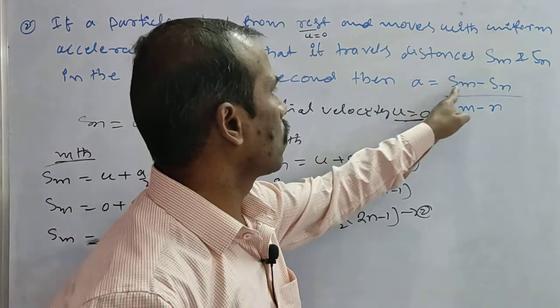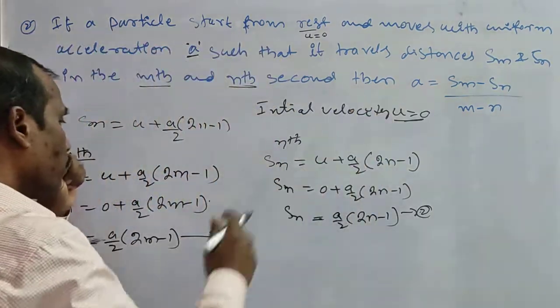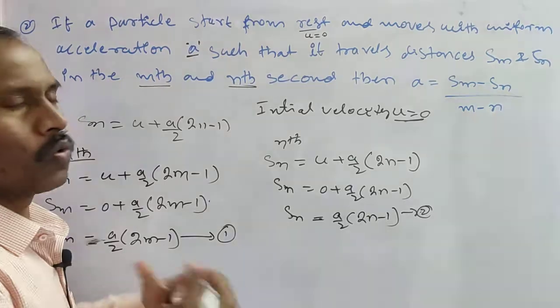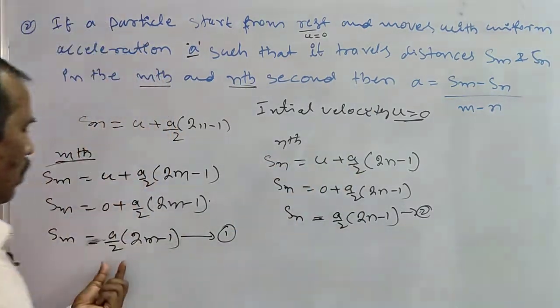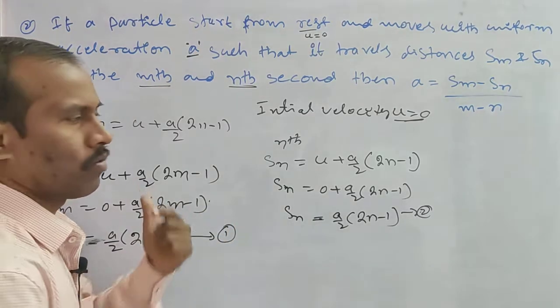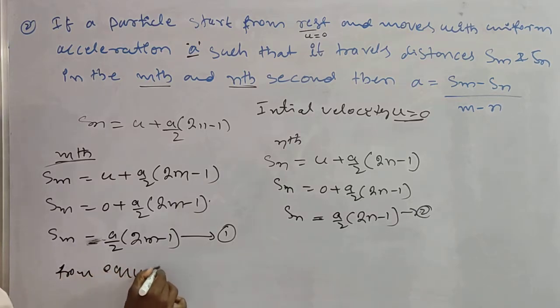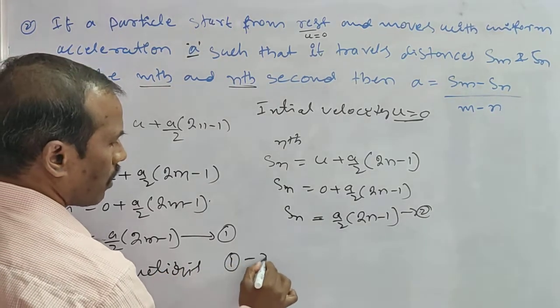Now a is equal to (sm minus sn) by (m minus n). So in this case, equation 1 minus equation 2, that is sm minus sn.